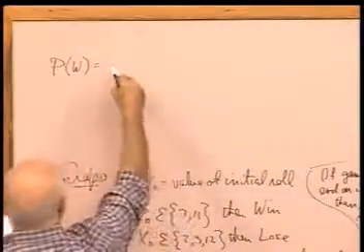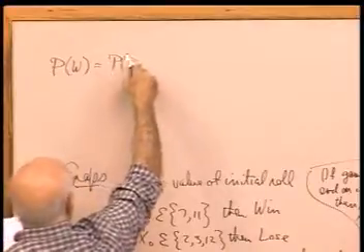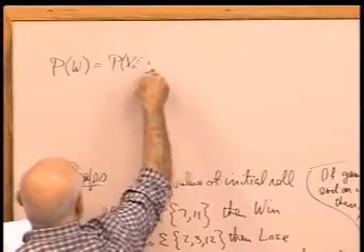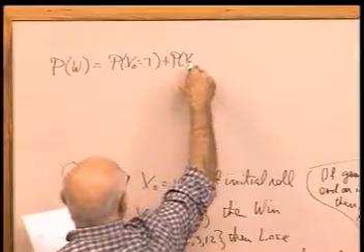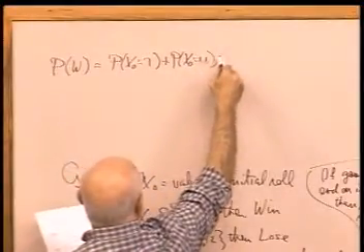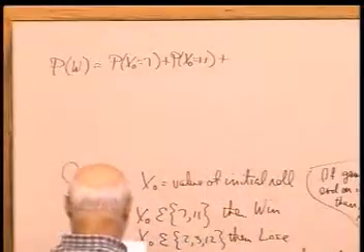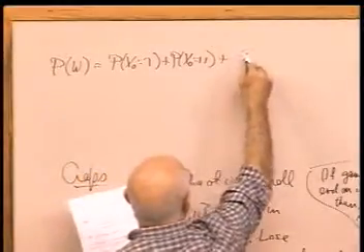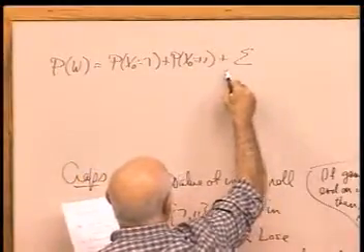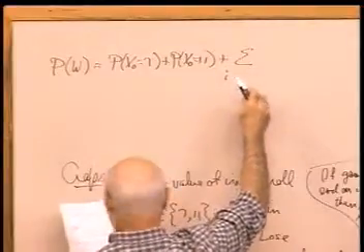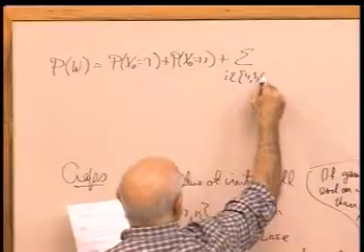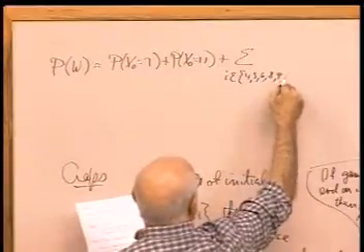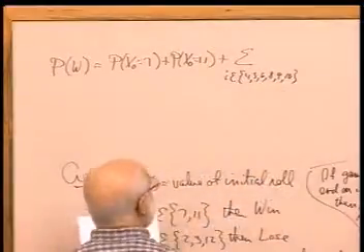So the first thing I'm going to get is the probability on the initial roll, I get a 7, plus the probability that on the initial roll, I get an 11. And then I have all the other terms, which are the sum for all other values of I. So I'll write for I in the set 4, 5, 6, 8, 9, 10. Those are all the points.